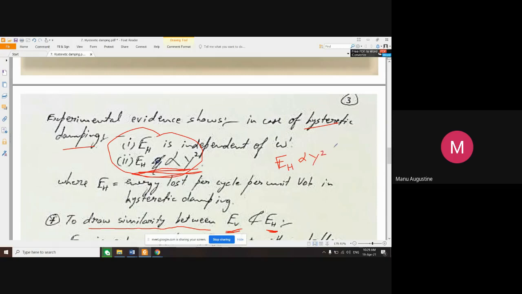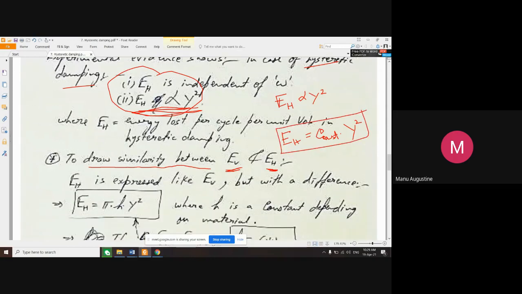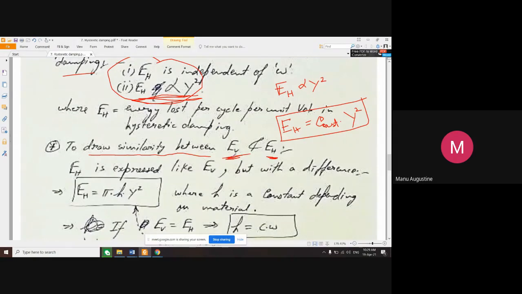That's all. So at most what you can do is you can say something like this, that energy of hysteresis would be equal to some constant multiplied by y square. This is the maximum that you can claim about hysteresis energy loss. But anyway, we want to draw similarity between the energy loss in viscous damping and energy lost in hysteresis damping.